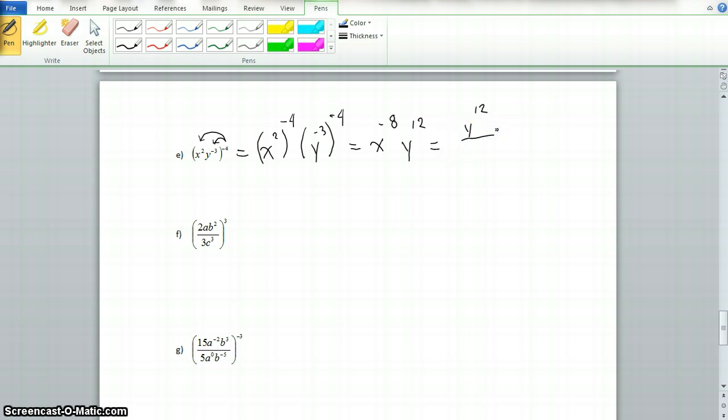But since it's a negative exponent, it has to flip to the denominator, and that exponent becomes positive. This is your answer. Now, when we get really good at doing our exponents, we don't have to write that step. I just sort of wrote it there for emphasis.